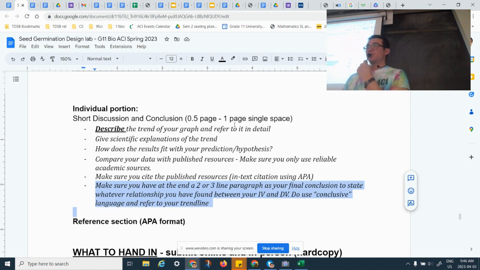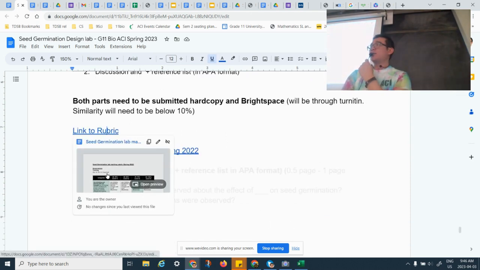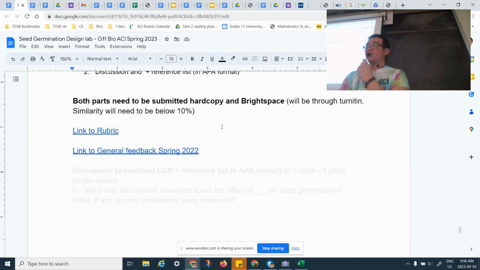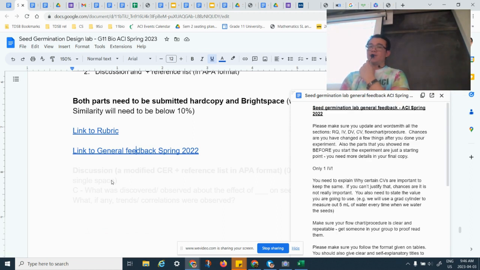Any questions? Now, the rubric is here. You can click on it and see the rubric that I used for last year, and I'll use the same rubric. One thing that you're lucky to have that last year's students didn't get is a list of general feedback.